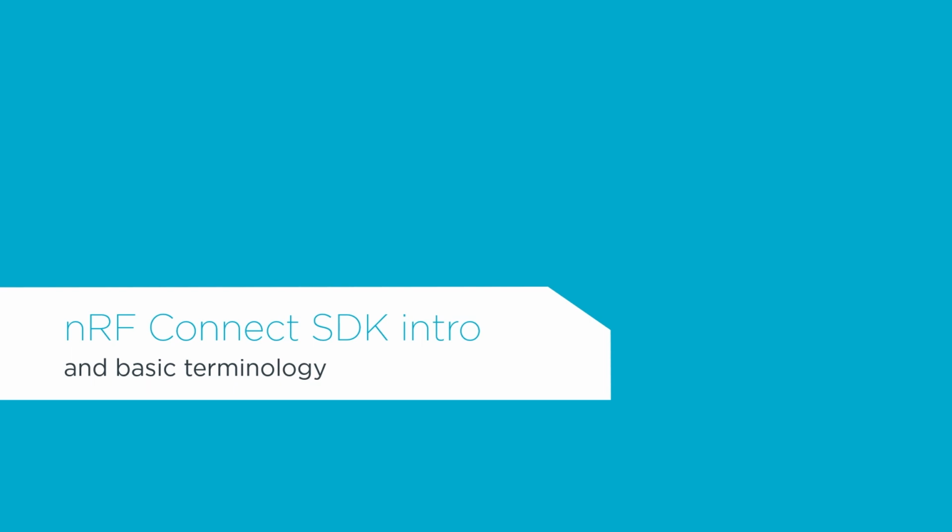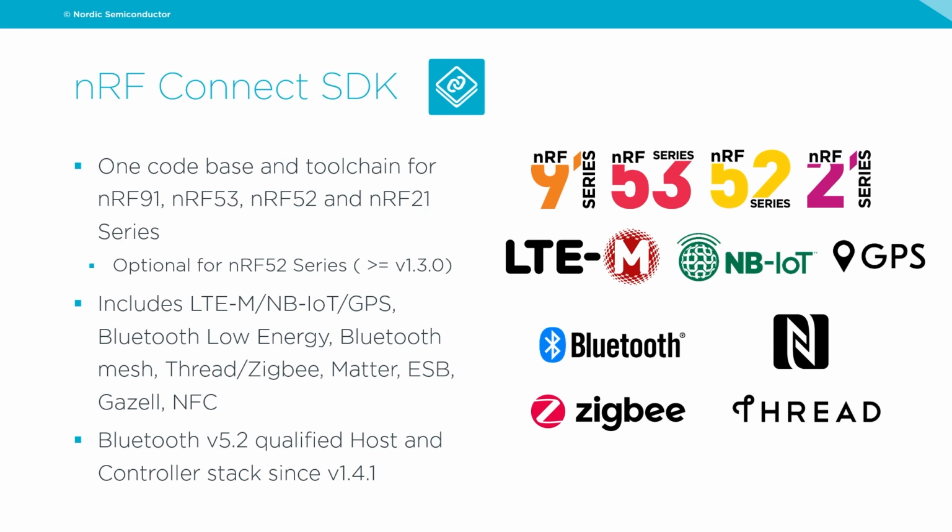So now I'll go over to the introduction and basic terminology. The NRF Connect SDK is one codebase and toolchain for the NRF 91, NRF 53, NRF 52, and NRF 21 series. The NRF 21 series is our 2.4 gigahertz range extender, but it is optional for the NRF 52 series.